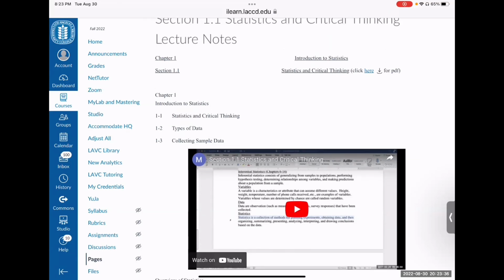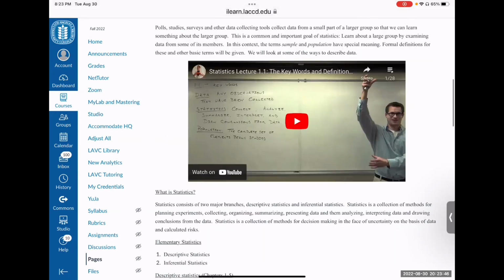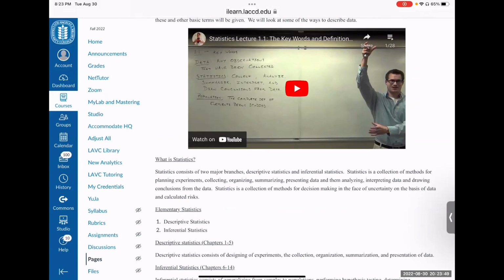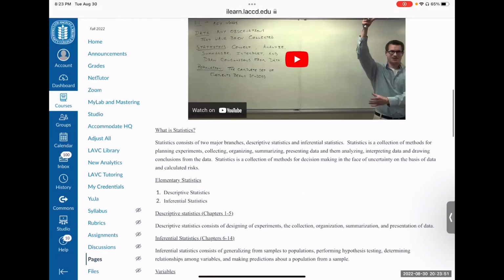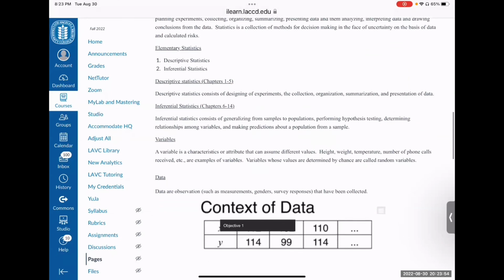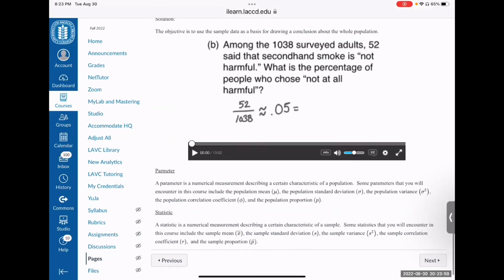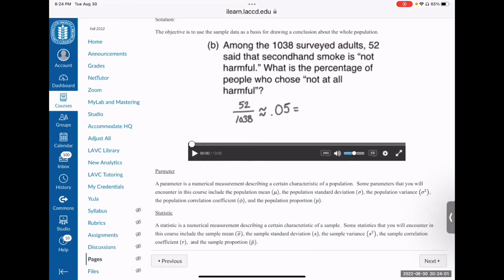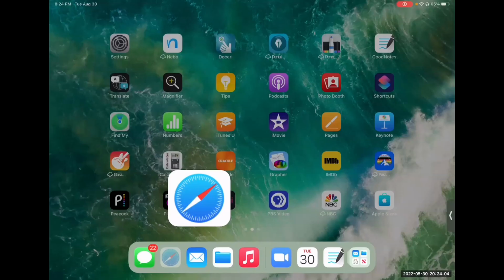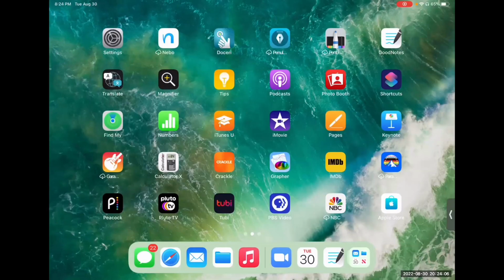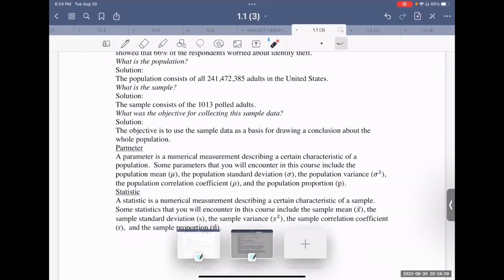It also says up here, click here for the PDF. That's basically a PDF that I've been looking over. And this is another person doing the same thing at a different college. I give slightly further detail of things that I've talked about. So for each section, we have those lecture notes. Okay, any questions on section 1.1?